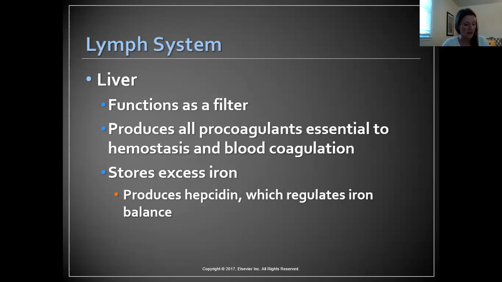The synthesis of hepcidin is stimulated by iron overload or inflammation. Hepcidin reduces the release of stored iron from enterocytes in the intestines and macrophages. Thus, when iron is deficient, hepatocytes produce less hepcidin, releasing stored iron and increasing dietary absorption of iron.